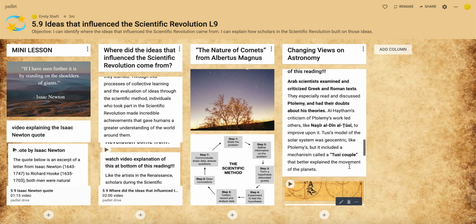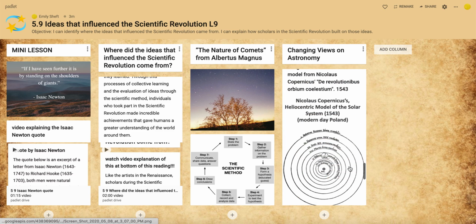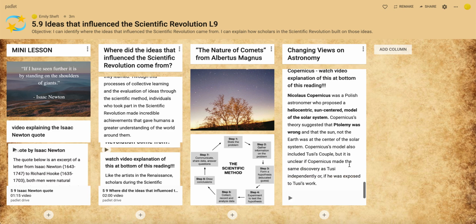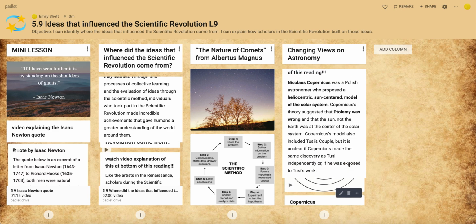Then this brings us to the last astronomer we're going to look at, which is Copernicus. And Copernicus looked at Ptolemy's ideas and was like, Ptolemy is wrong, it's actually a heliocentric model where the sun is at the center of the solar system. So he used Ptolemy's idea to come up with his own idea, which is the idea that we follow, that the sun is at the center.